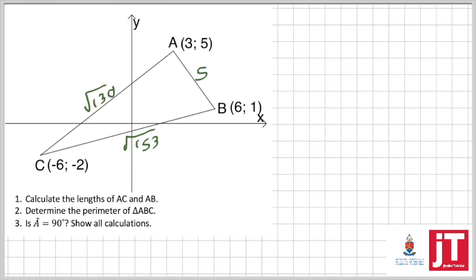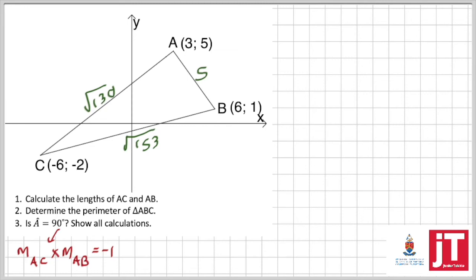So let's see what strategies there are for proving that there's a 90 degrees. The first strategy is that the gradient between A and C times the gradient of line segment AB must be -1.